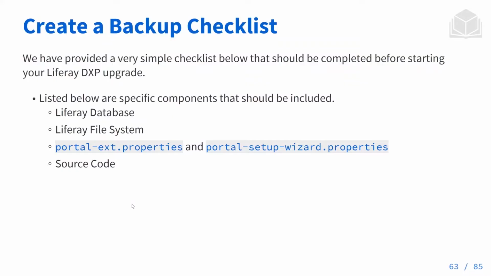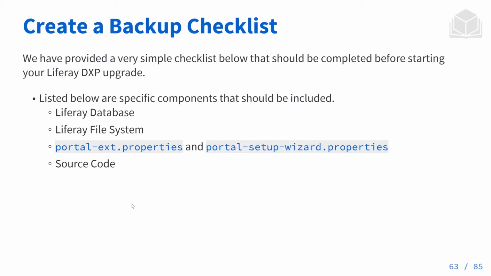Make sure that you have a backup of your documents and media, just in case, and your property files, so your portal-ext and your portal-setup-wizard.properties. And of course, any custom code or any source code that you went through. Since we're going to be touching that quite extensively, you want to make sure that you have that backed up. Otherwise, it'd be sad days if you modify something, it doesn't work, and you're trying to go back to start, but you have nothing to go back to.